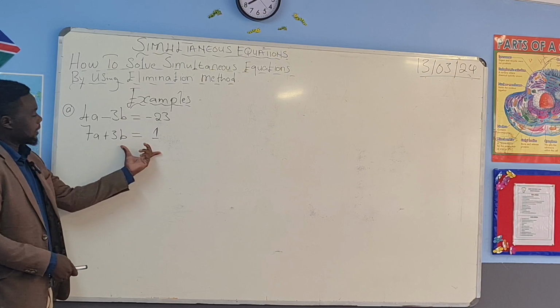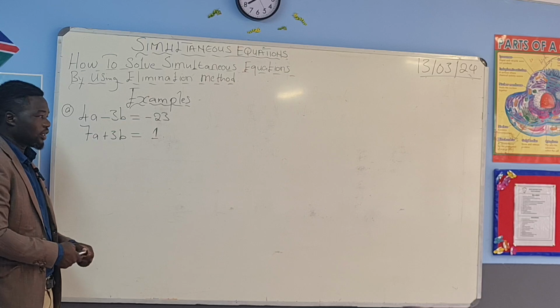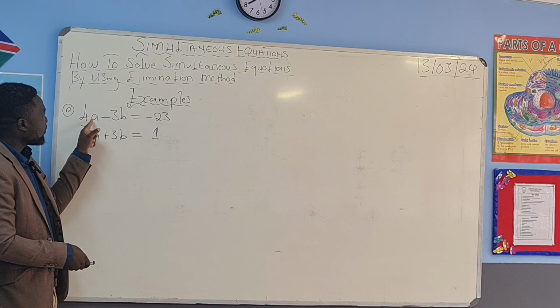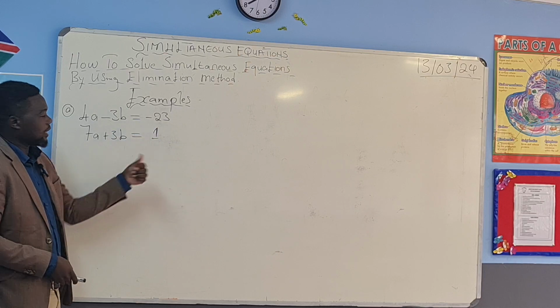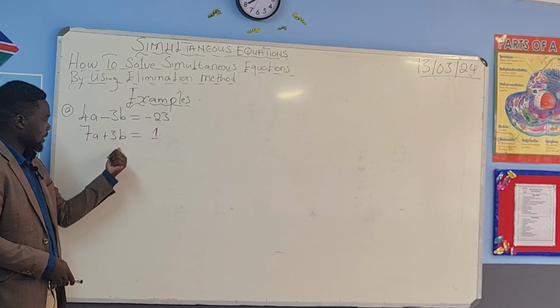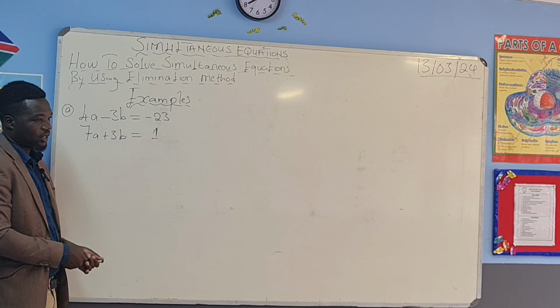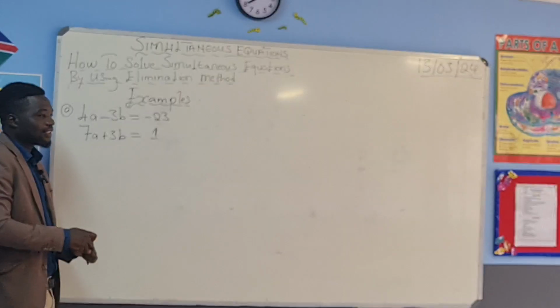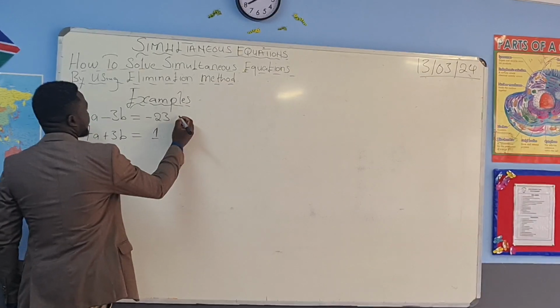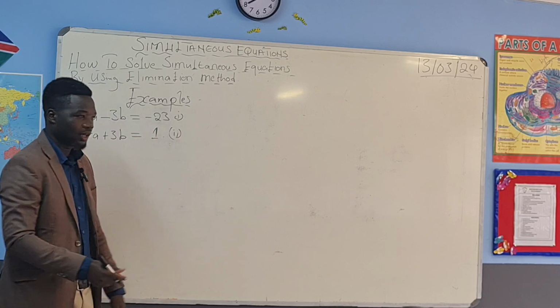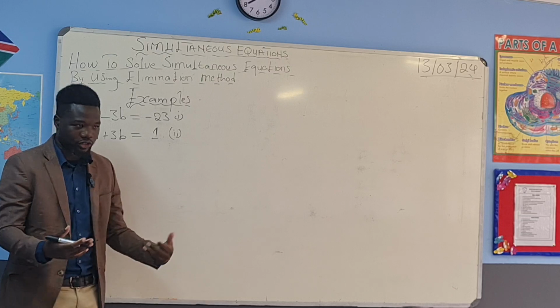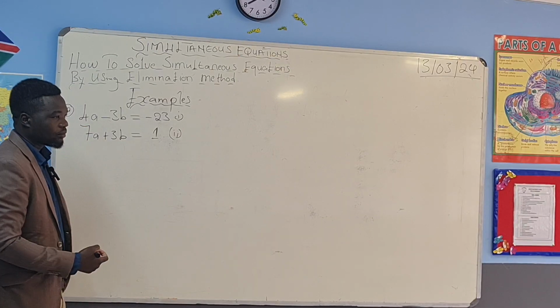Let's look at this equation here. We have 4a minus 3b, which is equal to negative 23. And we have 7a plus 3b, which is equal to negative 1. The first step that you need to do is to name them equation 1 and equation 2.